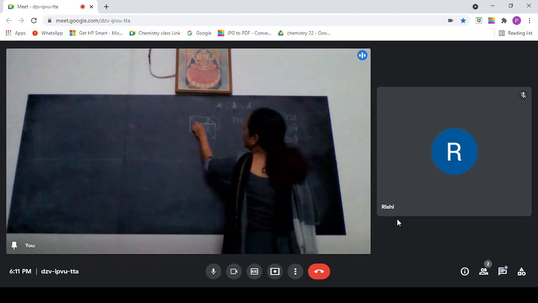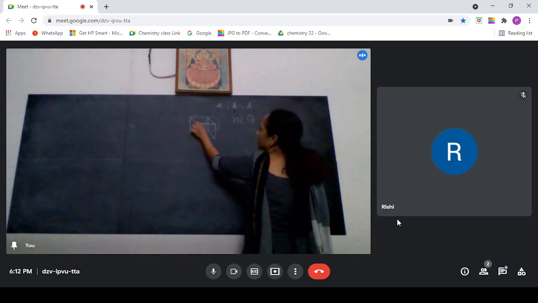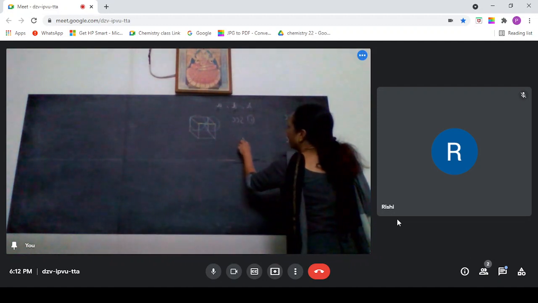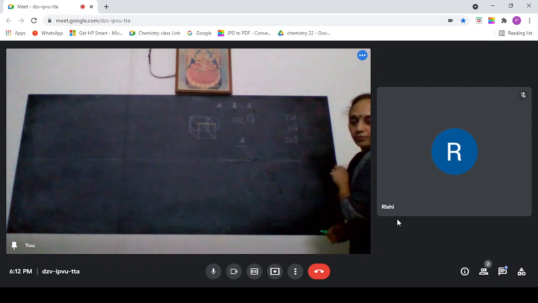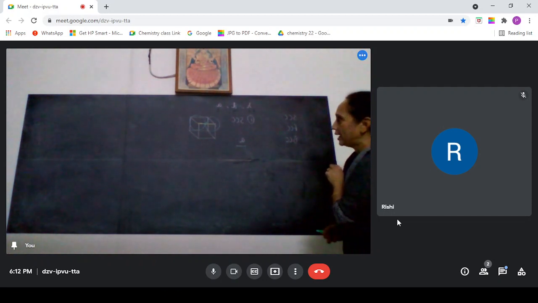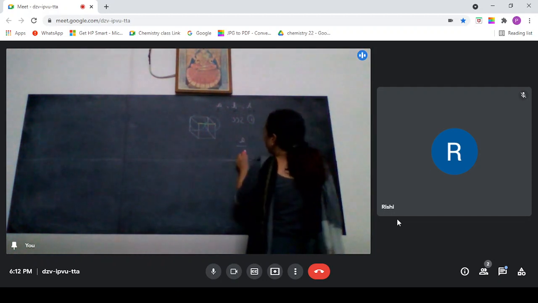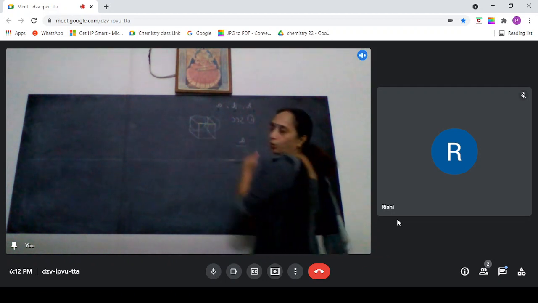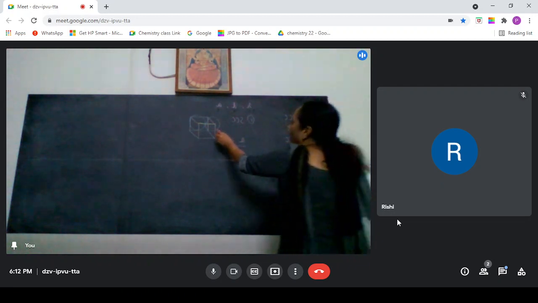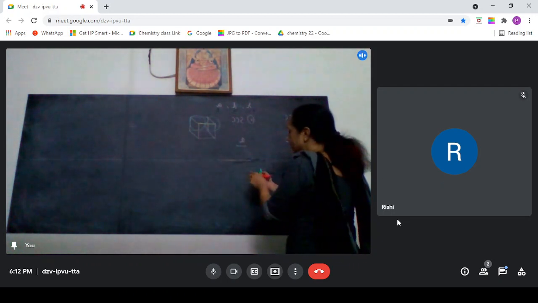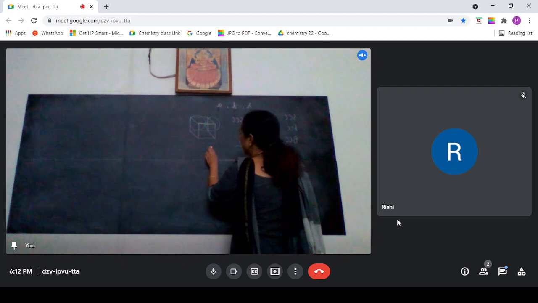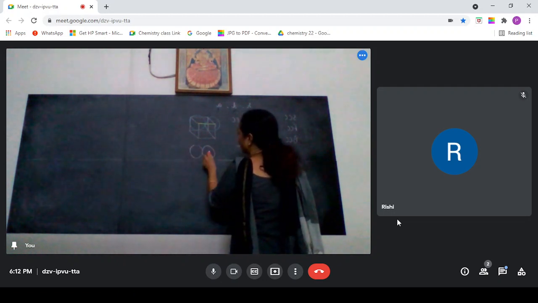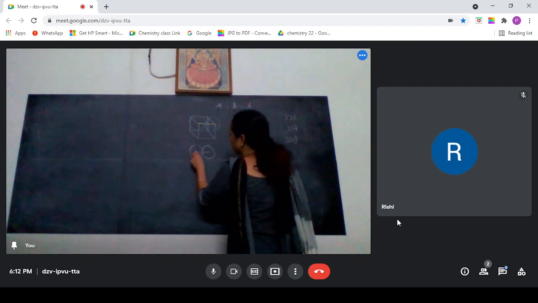This portion is the edge length. Edge length is denoted by A, D means the distance between the two nearest neighbors, and R is the radius.